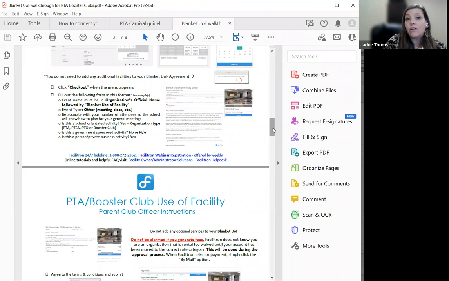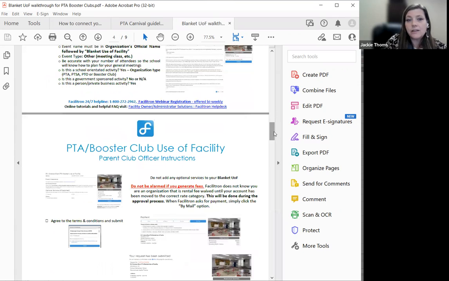However, all of the additional use of facility agreements may or may not incur fees, depending on the type of facility and the time being used. Some of the things that will trigger fees are going to be for your fairs and your dances, whenever you're bringing the outside public on our campuses, when the school will have to be reimbursed for the custodial supplies that will be used.